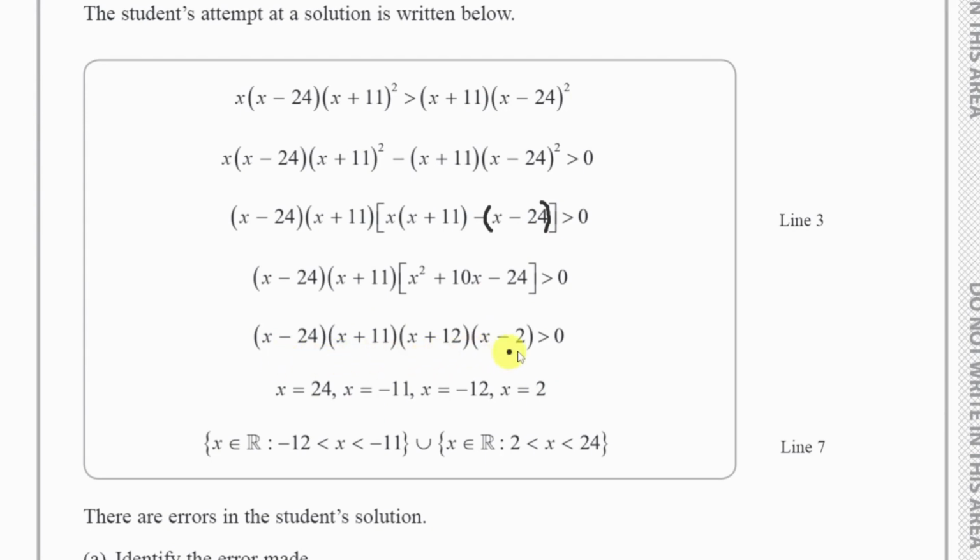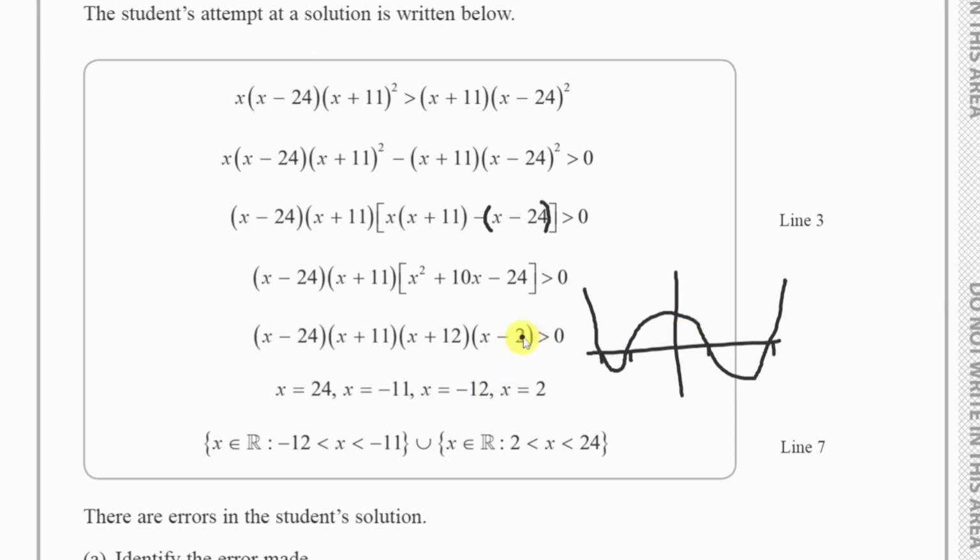So if we think about the solutions, a quick sketch will help us with this. We've got points on their working at minus 12, minus 11, 2, and 24. This is not to scale at all. Positive is going to start up here. It's then going to go down, and then it's going to go up.